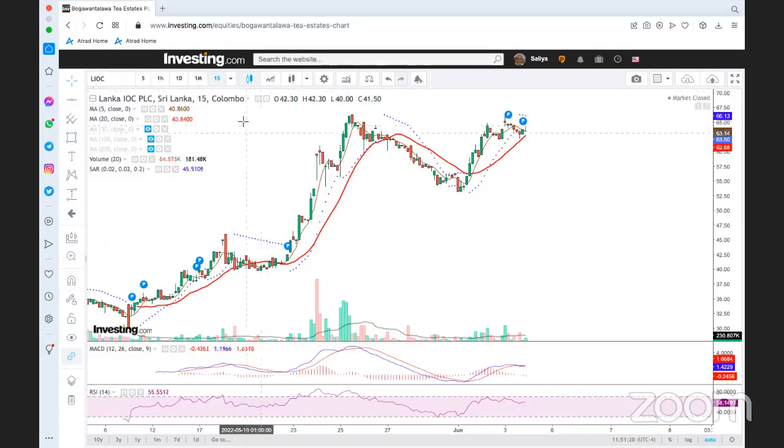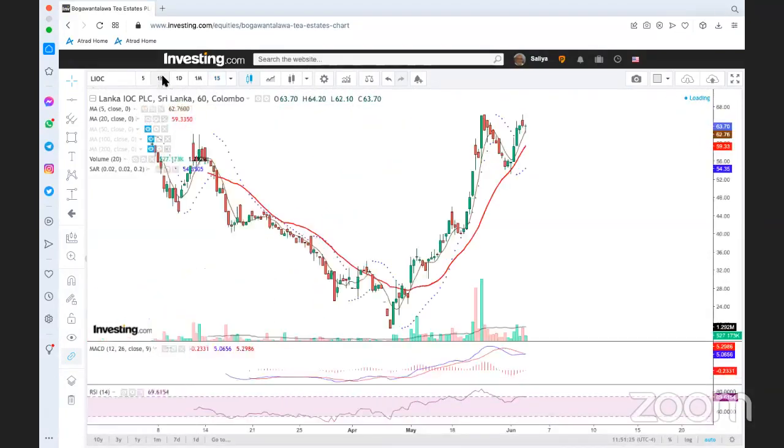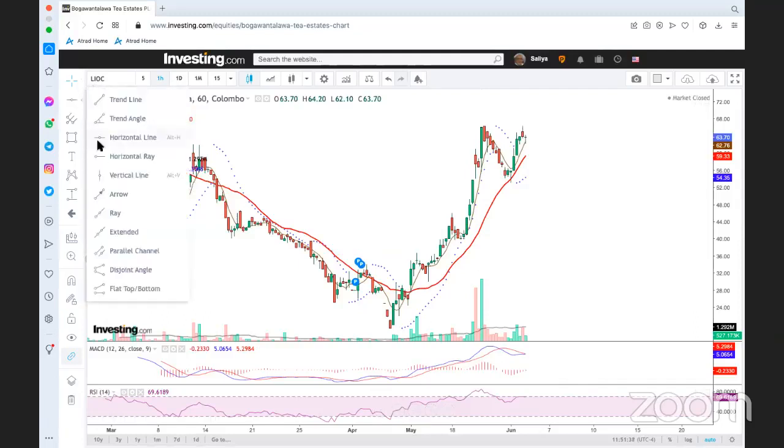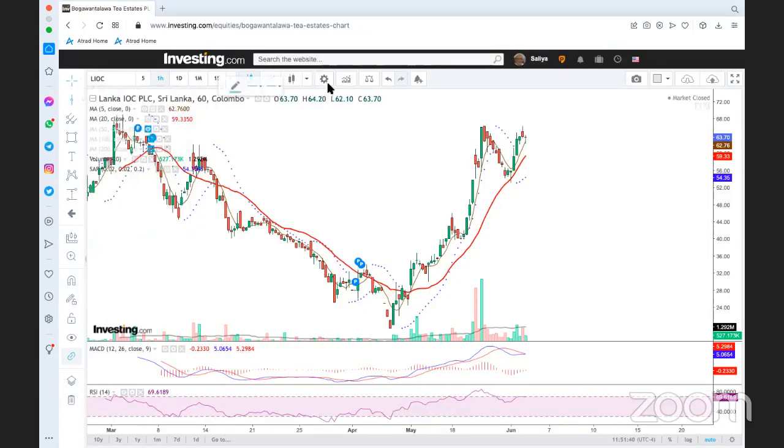Okay, LIOC 1-hour chart, there is a divergence. You can see that there is a divergence from here, at this point, right? And then at this point, there is a divergence.